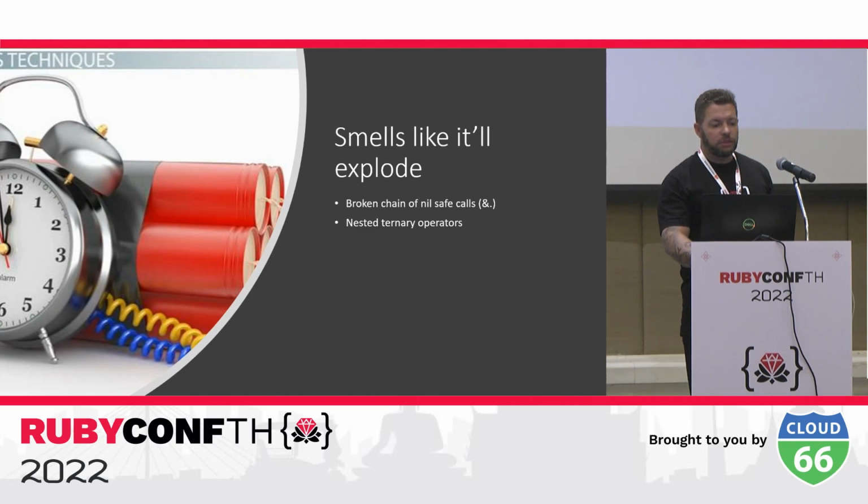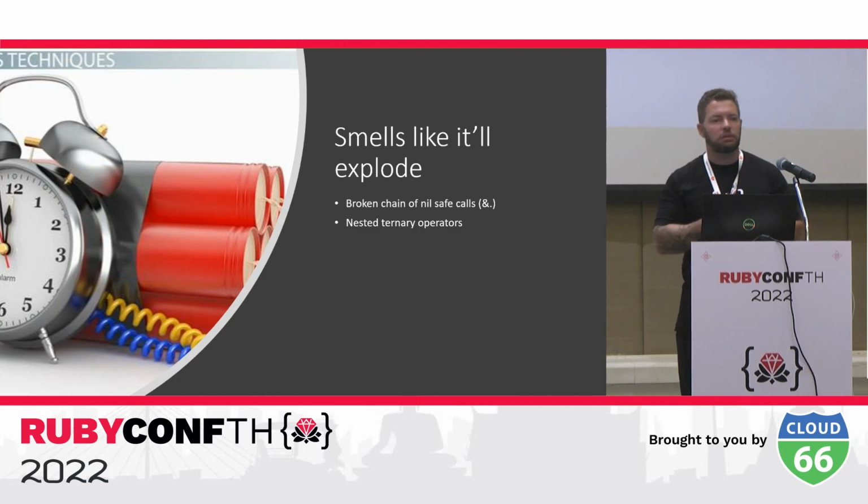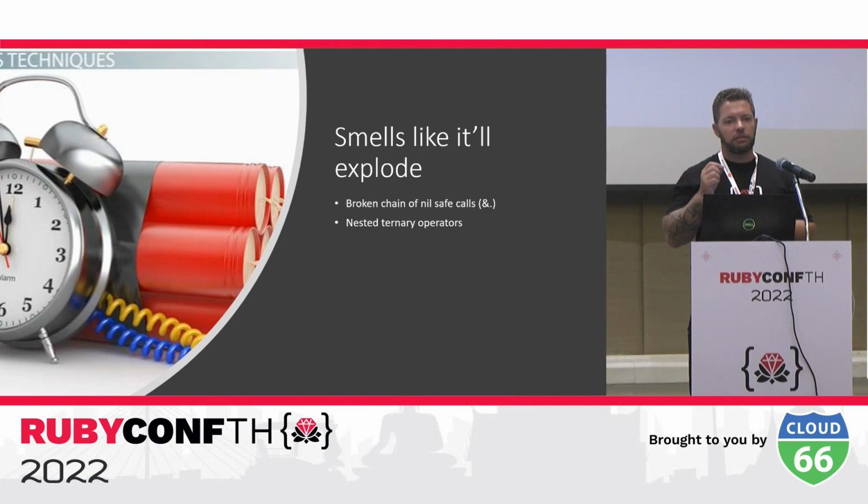So some things are really simple, but they smell like they can explode. You are looking at code and there is a broken chain of nil safe calls in Ruby. You know it's working, the tests are passing, but it will break in some time.